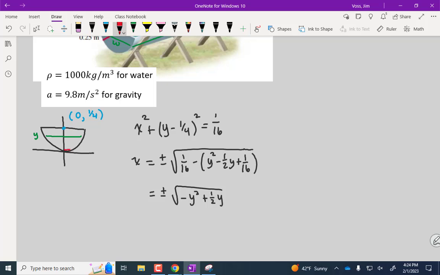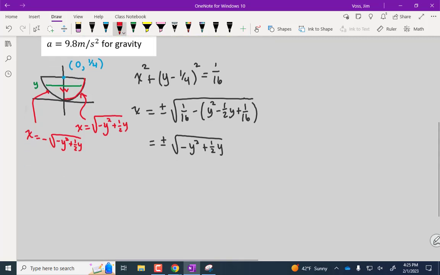The right half of this semicircle, is it the positive or negative? Positive. So that's going to be x equals the positive square root, and the one on the left is the negative. So let's call the entire distance across that chord, the length of that green segment there, W. And what is W equal to?